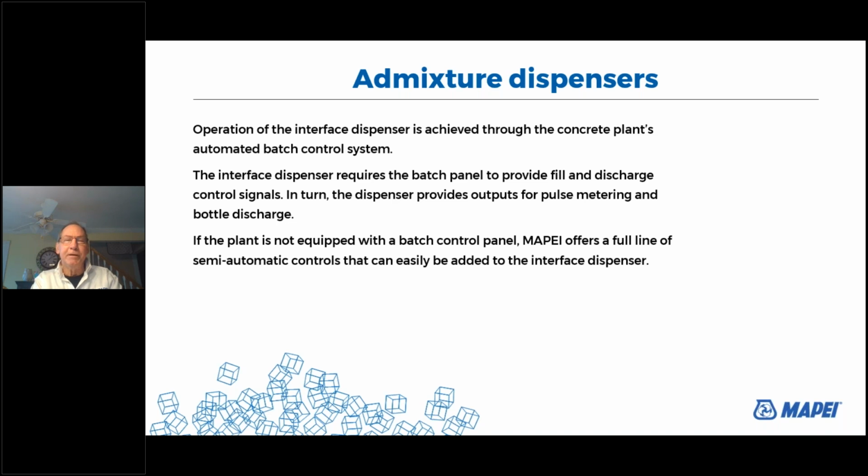The operation of the dispenser panel is basically fill and discharge, and they're all by signals, electronic pulses. These output a pulse, they run a meter, and the meter pulses turn into ounces per hundredweight of cement for us. It's a dosage rate that we're looking for.